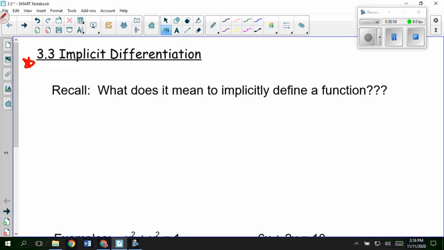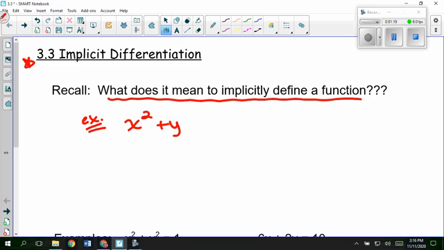So recall, what does it mean to implicitly define a function? If you remember from some pre-calculus conversation, way back at the beginning of pre-calculus in chapter 1, we talked about this kind of language of implicitly defining a function. And this occurred when you were given relationships in algebra, like the circle, and you knew that the circle was not a function.